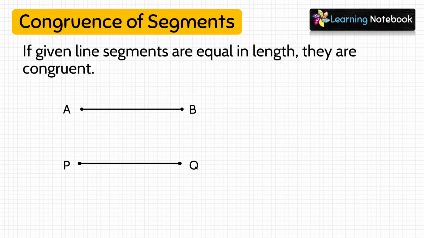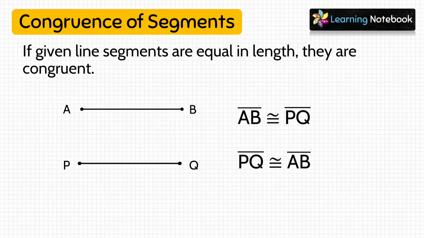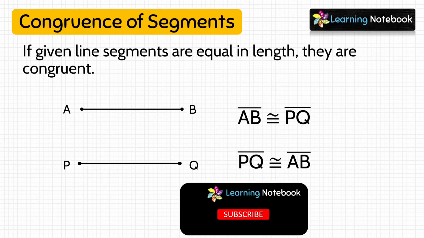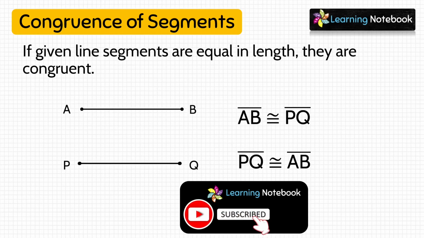We will say line segment AB is congruent to line segment PQ, and we write it as shown here. Or we can write PQ is congruent to AB.